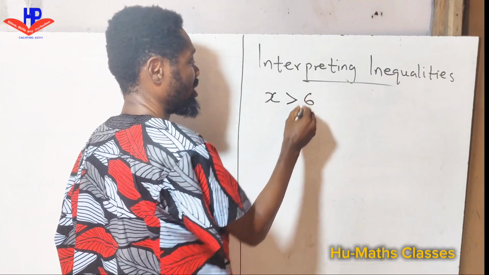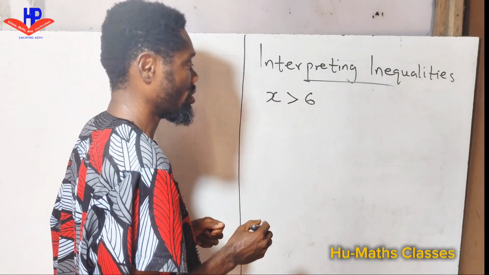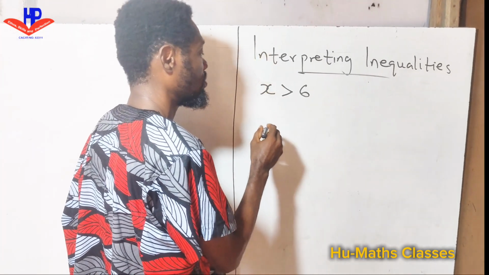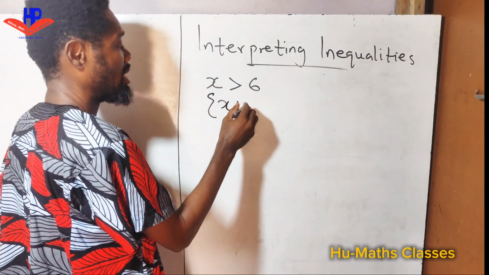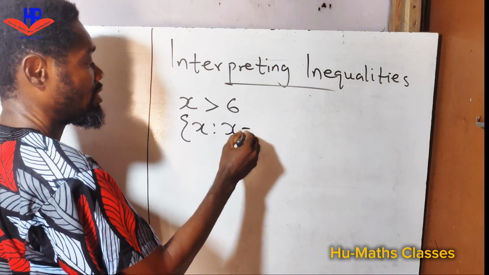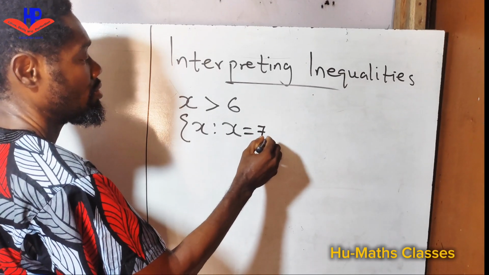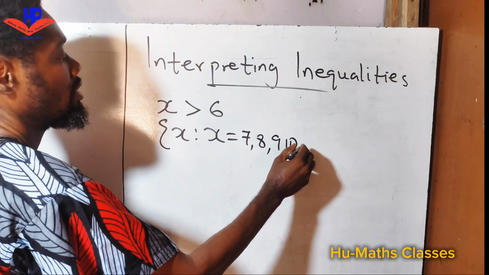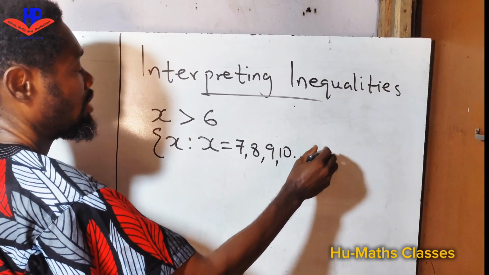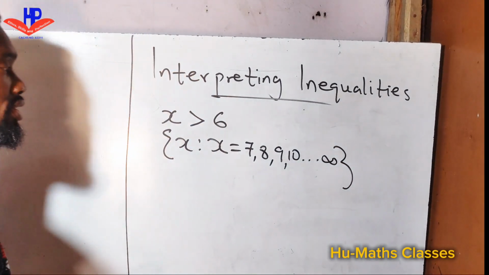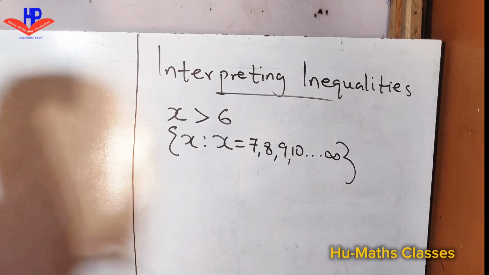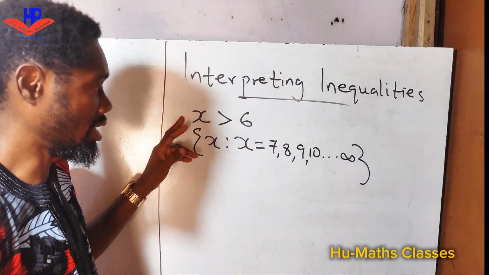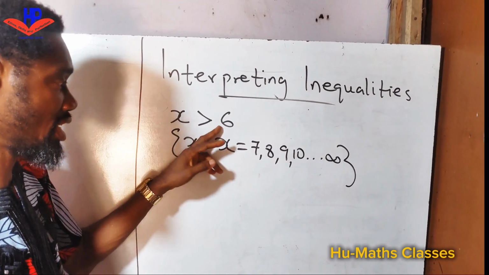X is greater than 6. We're going to have a set of x such that x will be numbers from 7, 8, 9, 10, to infinity, because I cannot exhaust all the numbers that fall in this order. They will be members of this inequality, x is greater than 6.